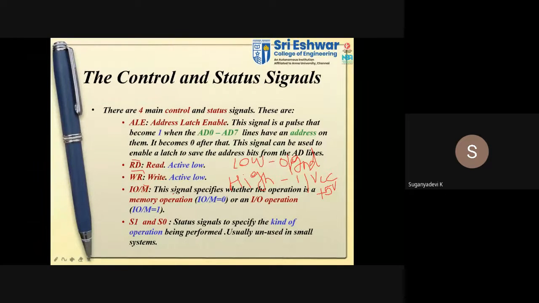So these are the functions and operations of my control signals. Active low means I give 0 to this particular pin to get it into action. These are all the signals coming under your control and status signals.